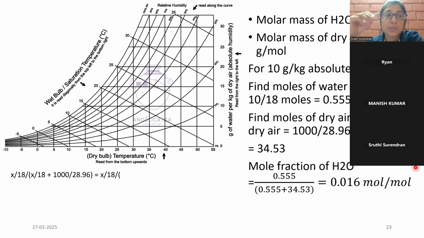Although we write it moles per mole, we are representing the numerator and denominator of two different quantities: how many moles of water are present in how many moles of air is what the representation means. If you look at the unit, mole fraction is dimensionless. So based on this conversion, which is something very basic that we have learned during our school days, we'll be applying this now here.